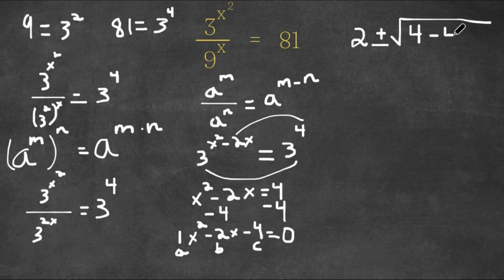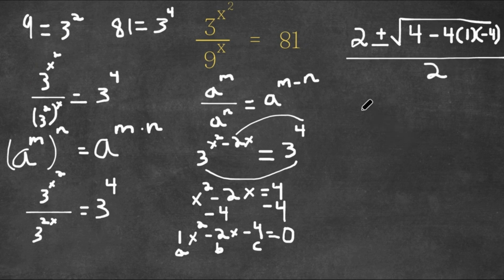minus 4 times a, which is 1, times c, which is negative 4. And we're dividing this by 2 times a, which is 2 times 1, which is 2.